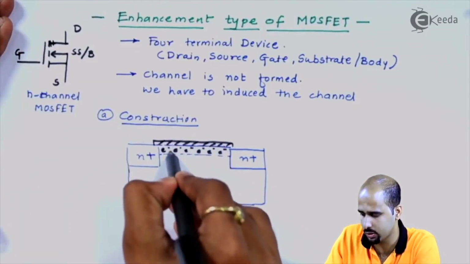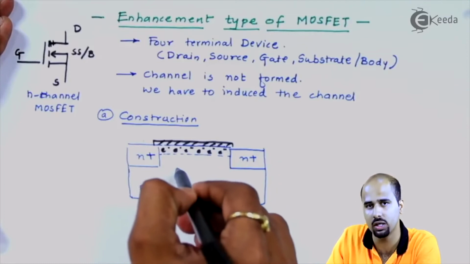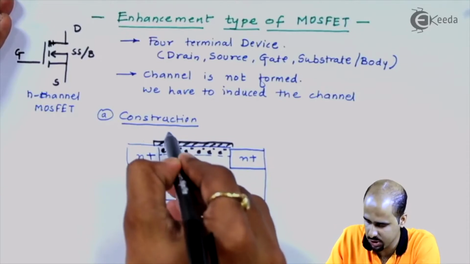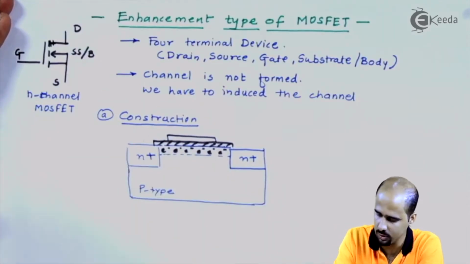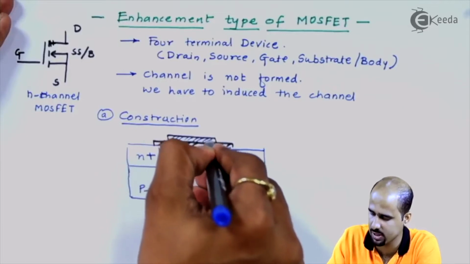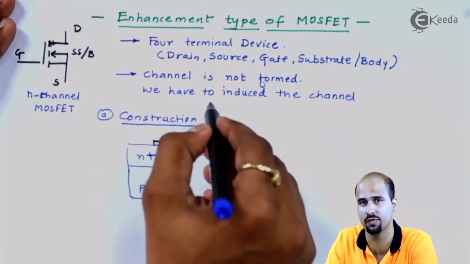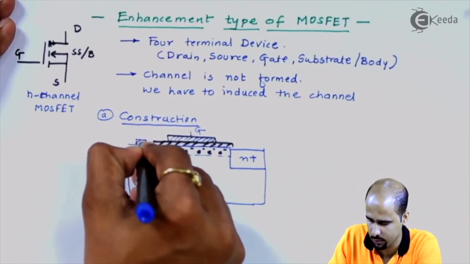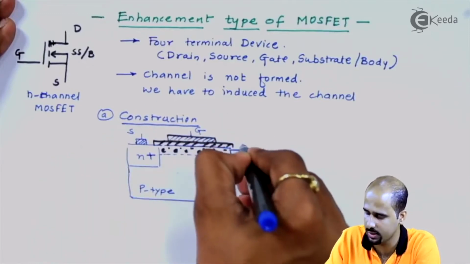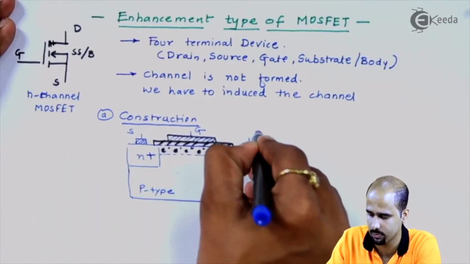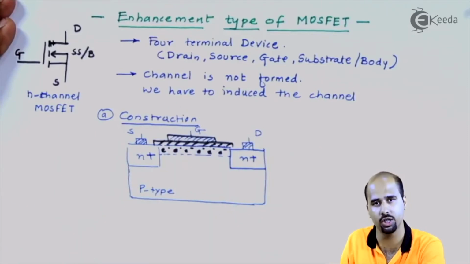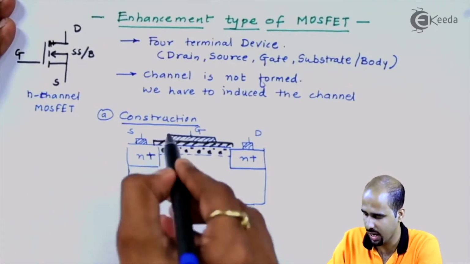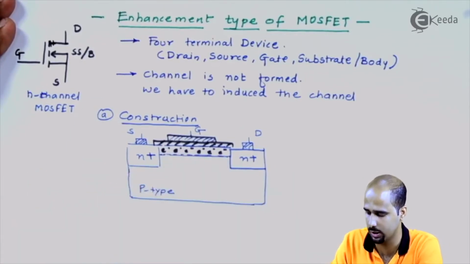Just over this channel I have an oxide layer, the insulator in the MOS structure, and over that insulator I have the metal structure. This metal structure is the contact for the gate terminal, this contact is for the source terminal, and this contact is for the drain terminal, and here I will get the channel.